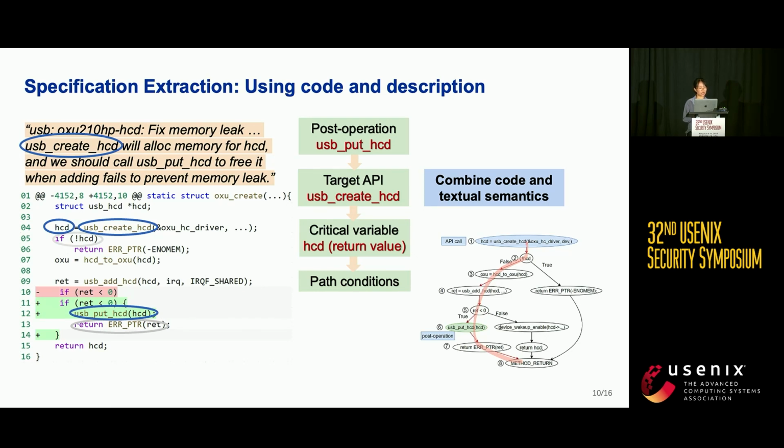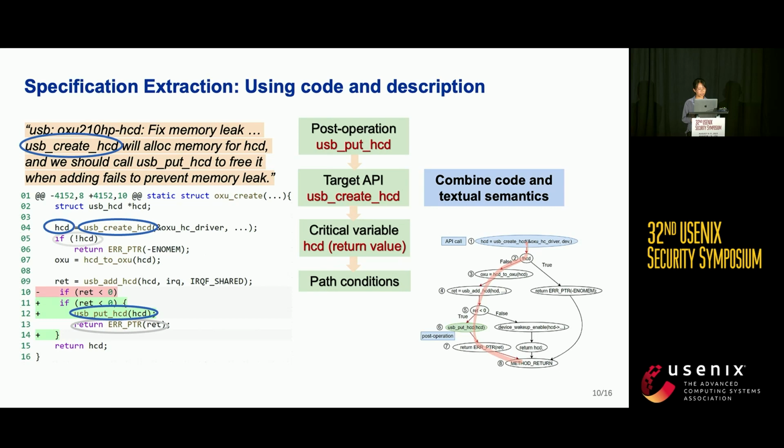In this case, APHP extracts the post operation USB put HCD first. We skip the technical details here due to the time limit, and you can refer to the paper. Next, APHP determines the target API. It first identifies all target API candidates through data flow analysis, then utilizes the description to infer the most likely one.